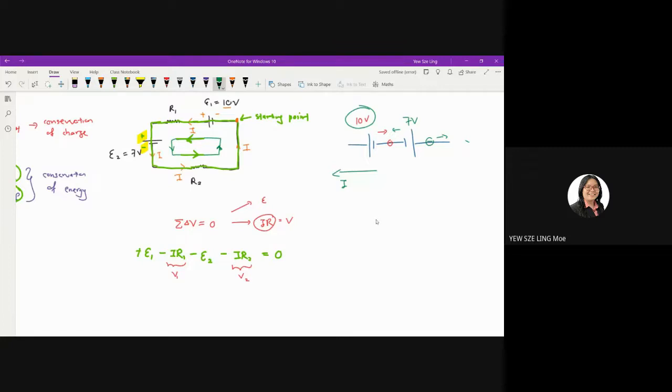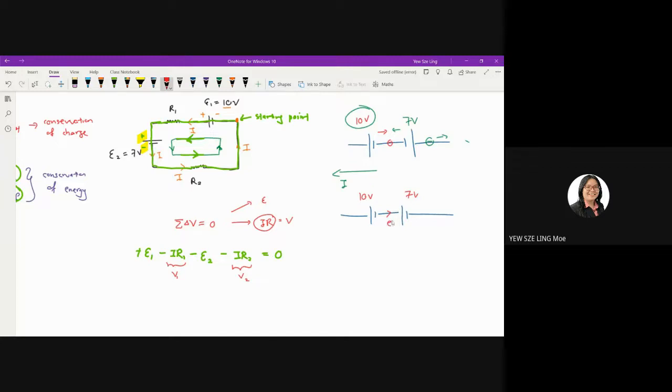But if they are arranged in the same direction, then what is going to happen? The current will just keep adding up. The electron will keep gaining more and more energy. If this is 10 volt and this is 7 volt, when the electron is at this position, maybe it's moving with 10 volt of energy.